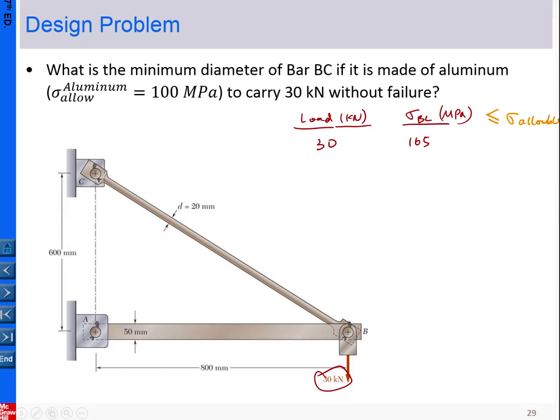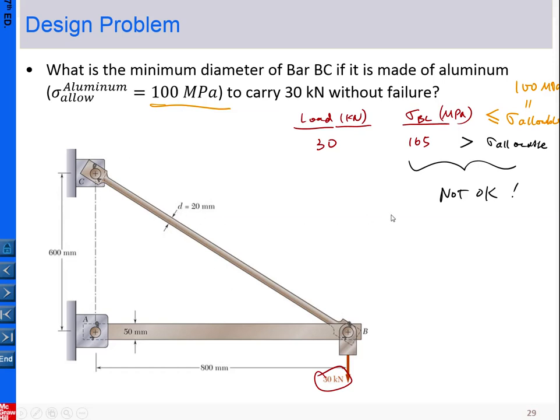For aluminum, the allowable stress equals 100 MPa. Compared to this one, you can see the stress is greater than the allowable. So this is not okay. If we change from steel to aluminum, this design is not okay.